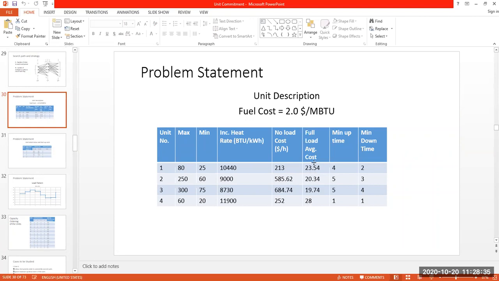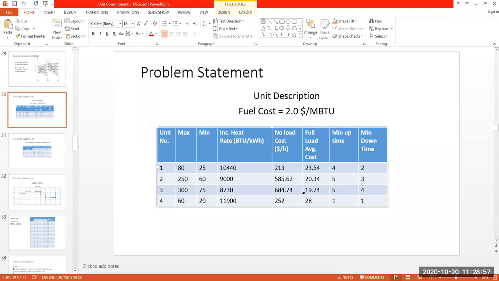So if I apply priority ordering, which one should be the first? Unit number 3, because it has the lowest full load average cost. Then which one should come? Unit number 2, that is the second lowest. Then unit number 1, the third lowest, and then the highest cost is associated with unit number 4.